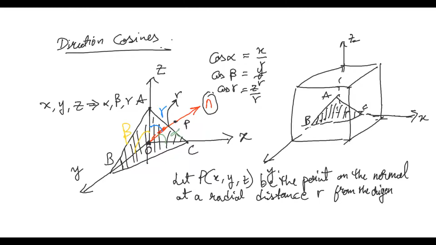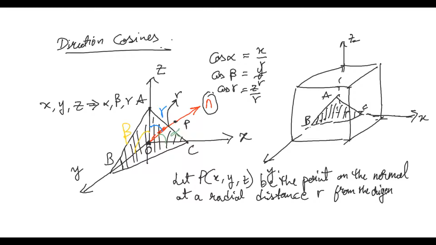So for this, the distance from the origin to the point P, or to the point on the plane, is marked as distance r from the origin. When you have distance r from the origin, then from the triangle, if you take the triangle with alpha as inclination, it is going to be x by r.